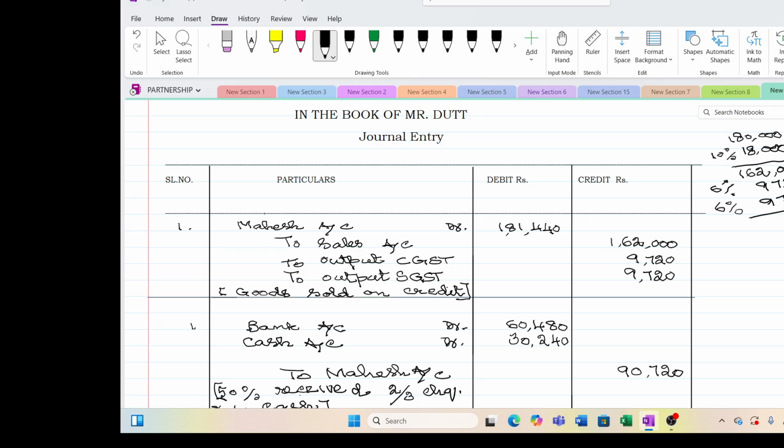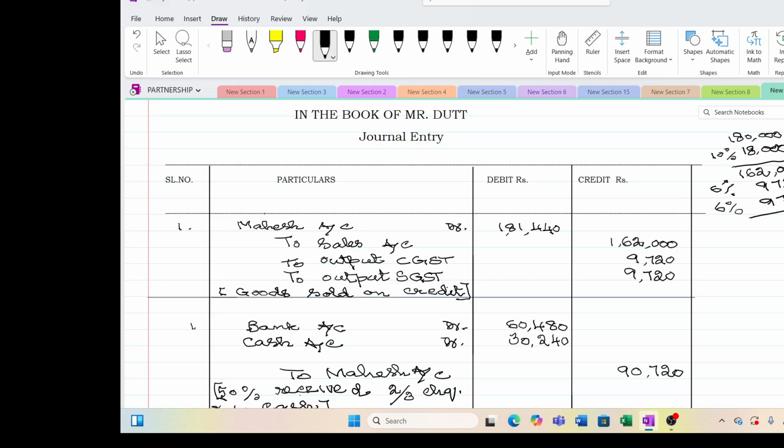That is why it is called indirect tax, because the customer is paying indirectly to the government. He is not paying directly to the government. He is paying the tax to the seller, and ultimately the seller deposits the tax collected from the customer or consumer. Understand that? So now every seller has to collect the tax.